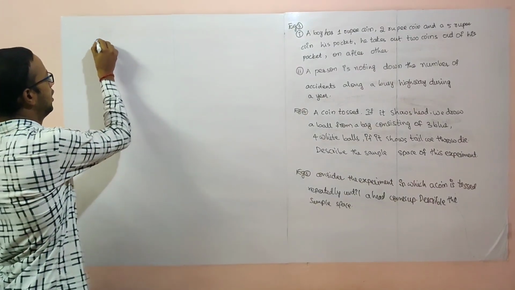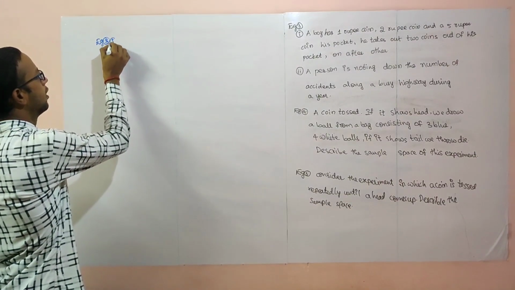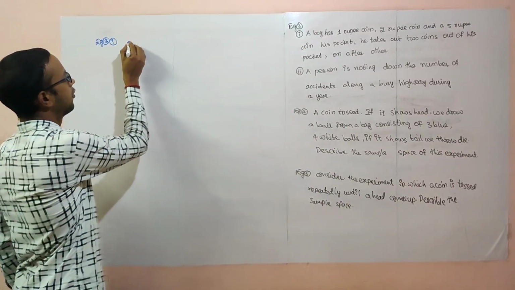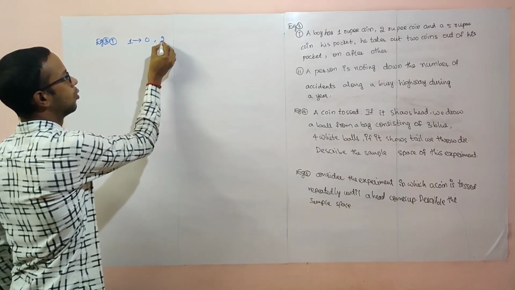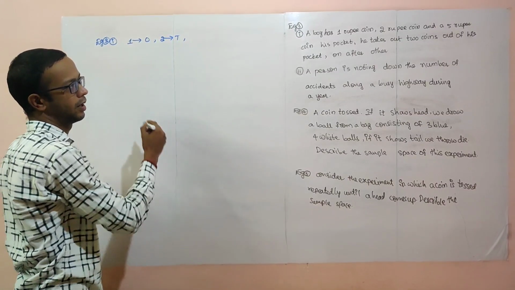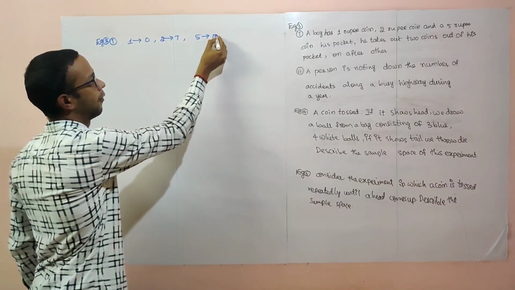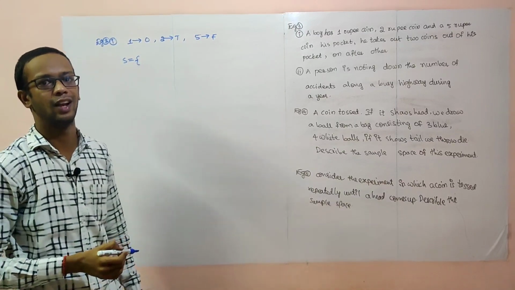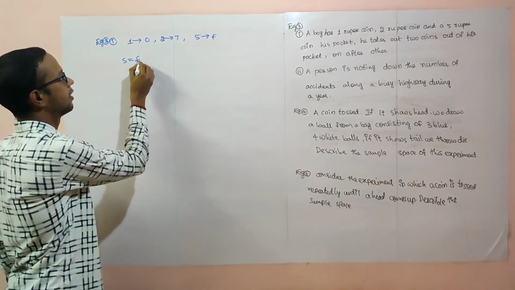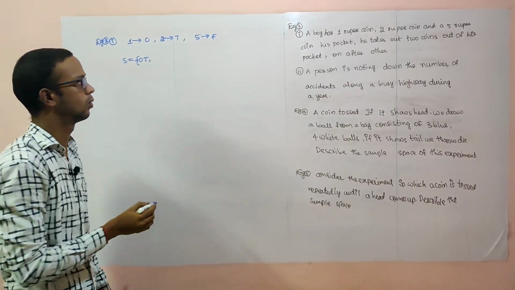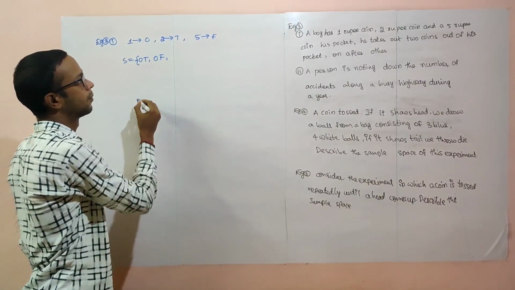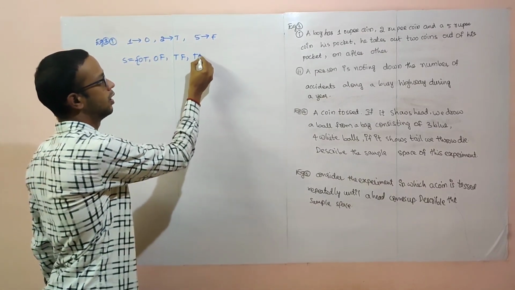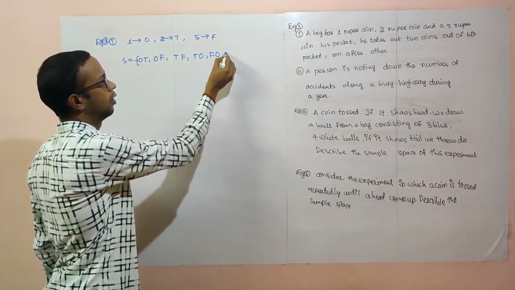I am denoting the 1 rupee coin as O, the 2 rupee coin as T, and the 5 rupee coin as F. We just have to select 2 coins. So we can select OT, 1 rupee and 2 rupee, OF, 1 rupee and 5 rupee, or TF, 2 rupee and 5 rupee. The reverse is also a possibility: TO, FO, FT.